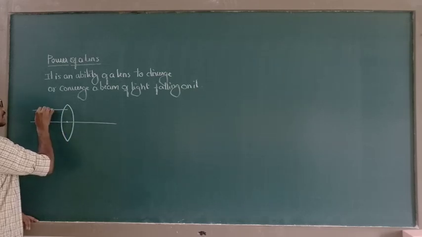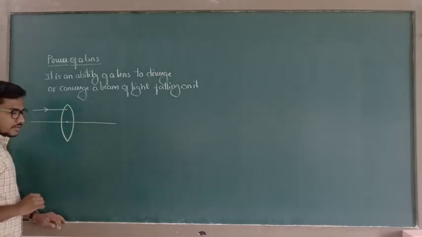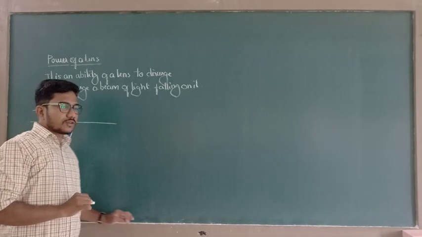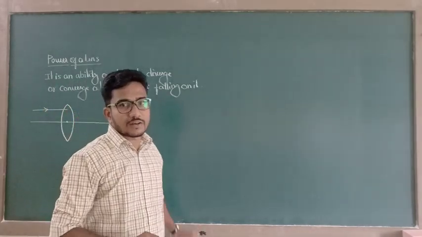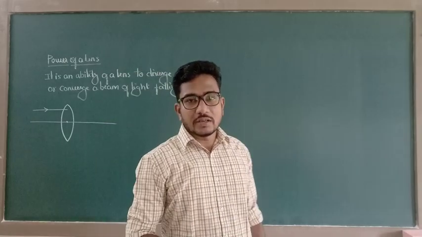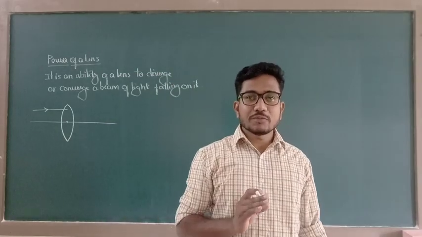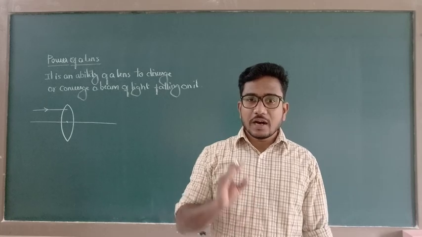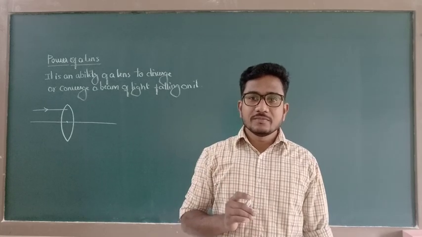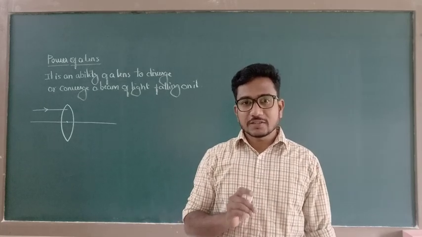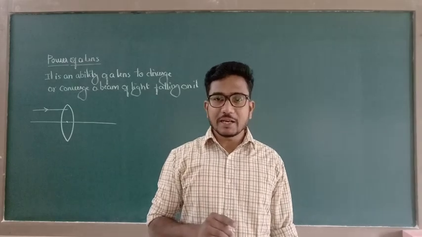Direction of incident light ray. So we know the condition for drawing images in case of lens: if a light ray is parallel to the principal axis, after refraction the refracted light ray passes through a point on the principal axis.